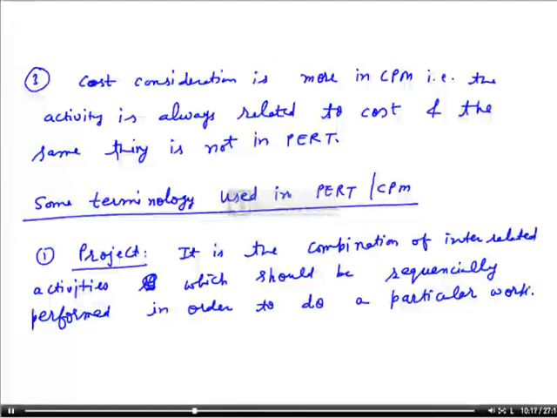Now the second is activity. Activity is a physically identified part of a project which consumes both time and resources such as man, machine, material, and the full project is broken into activities, and this is denoted by an arrow.